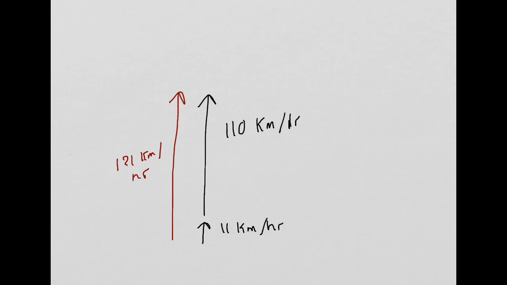Okay. Now let's say I have the same airplane. That's not a very straight line. So same airplane traveling north at 110 kilometers per hour. Let's say now I've got a headwind.